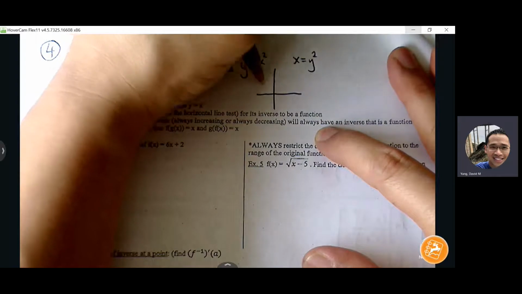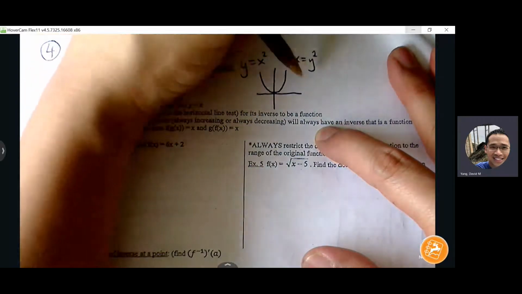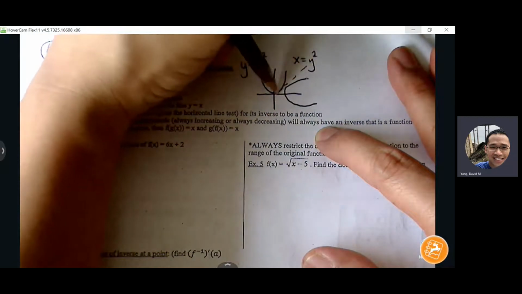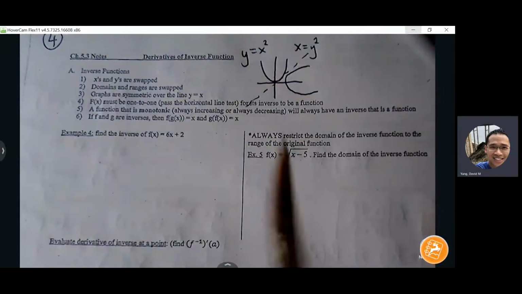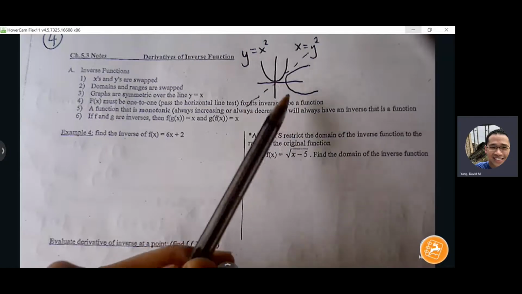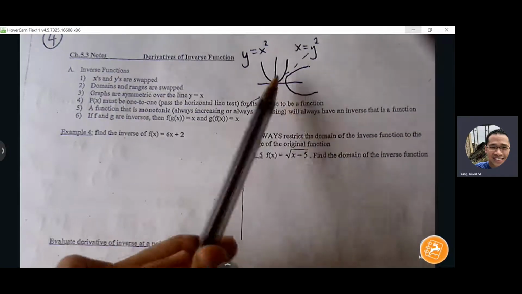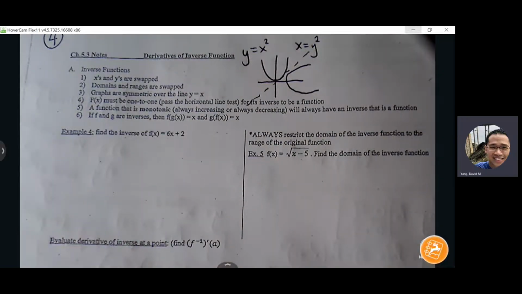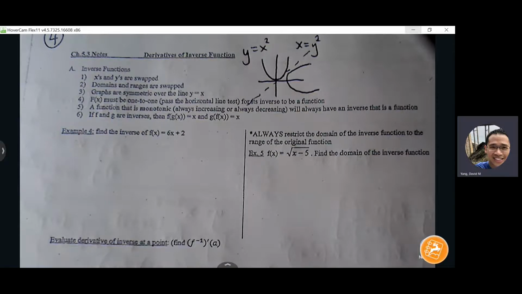Right, so maybe you got y equals x squared here, x equals y squared will look like this. But essentially, visually, you can kind of imagine yourself kind of folding across the diagonal line, and the 2 graphs will match up with each other. Okay, they will kind of fold over each other. Okay, if you were to fold it across that dotted diagonal line, y equals x.